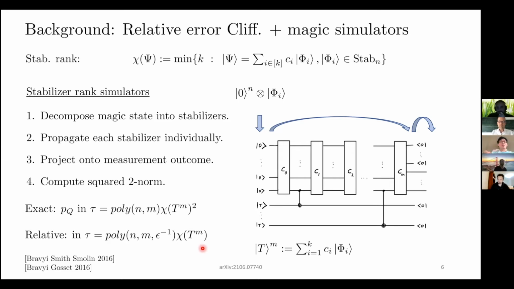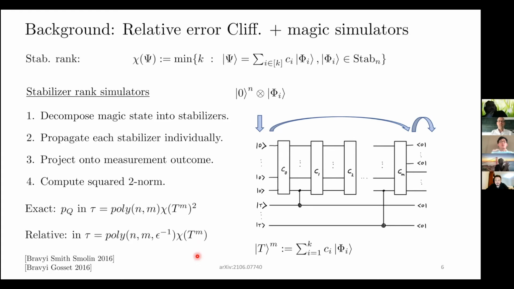Another basic question. You're trying to decompose the T state into stabilizer states, but how do you make sure they're a complete set so that it can be decomposed?